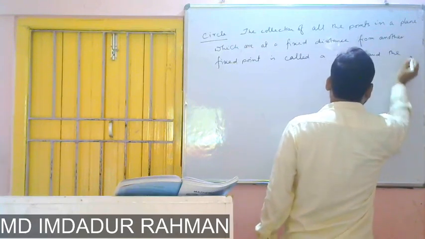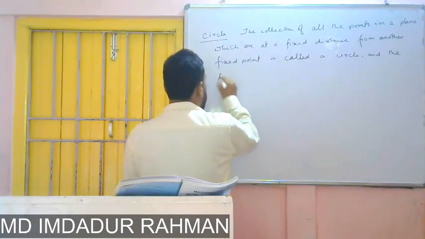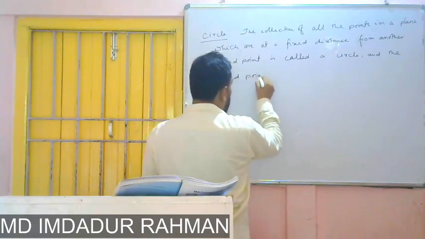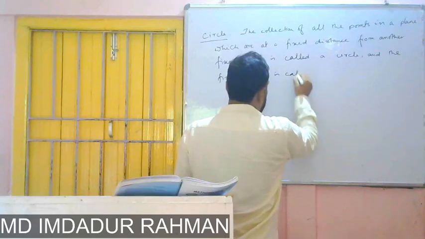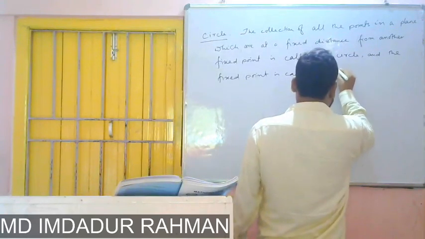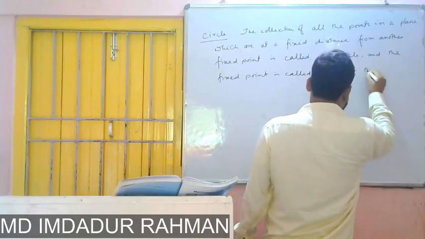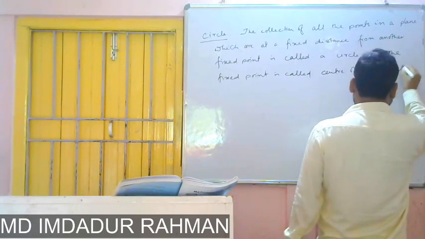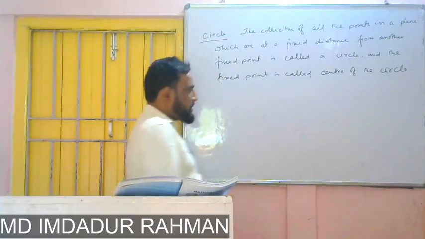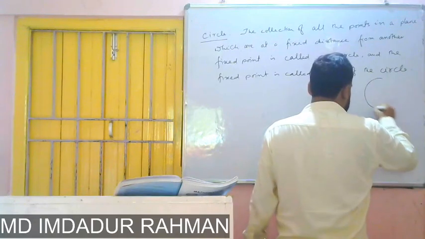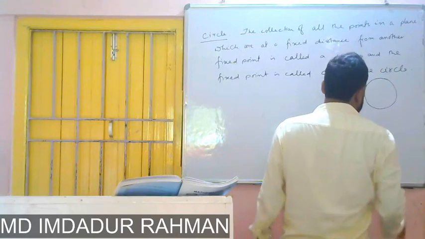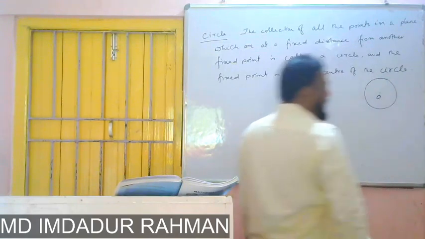And the fixed point is called the center of the circle. Okay, this is the definition of circle. Here O is the center.